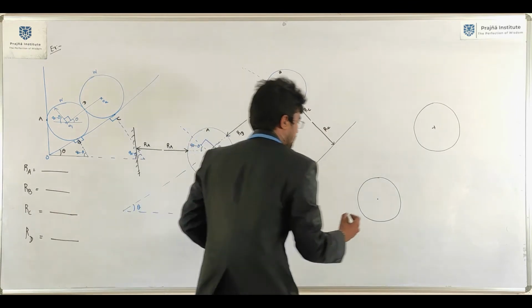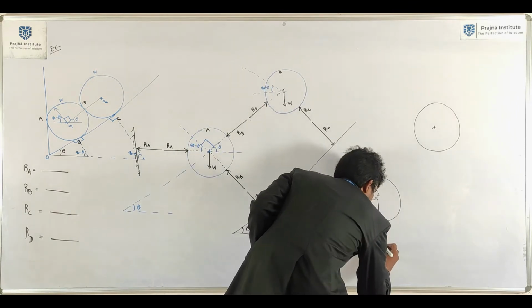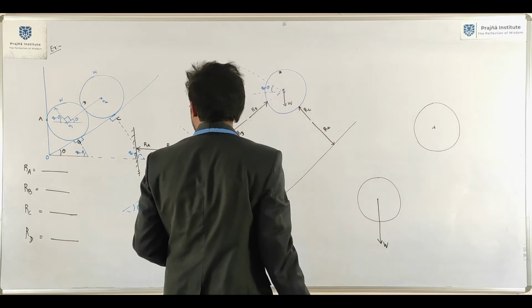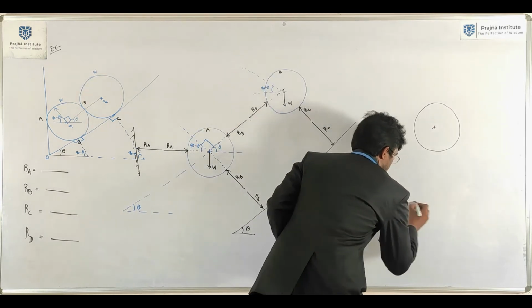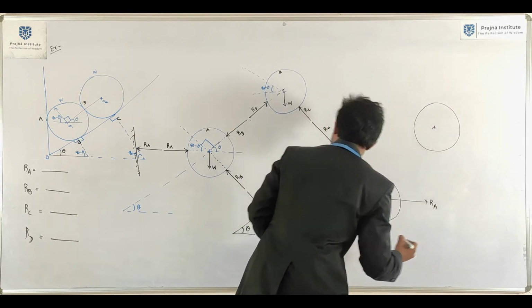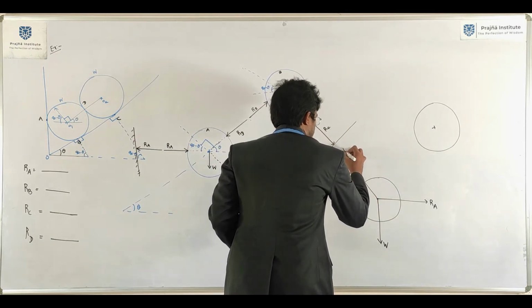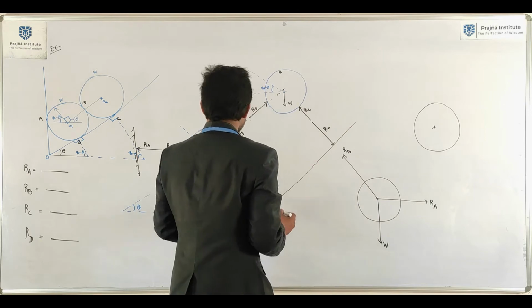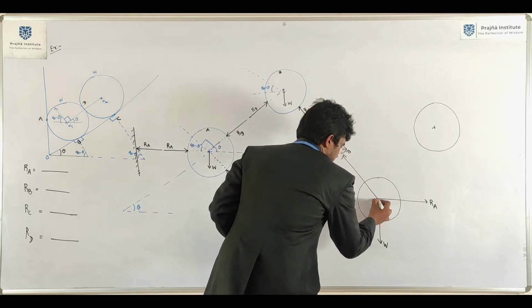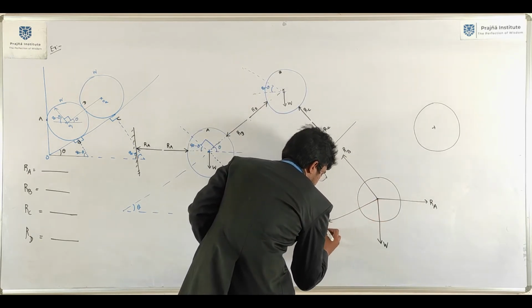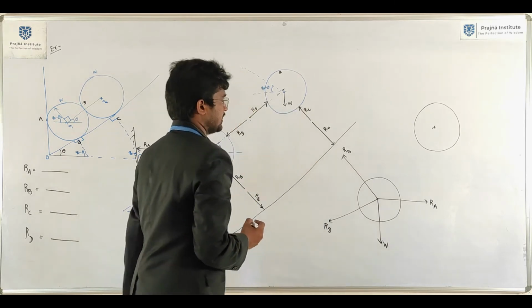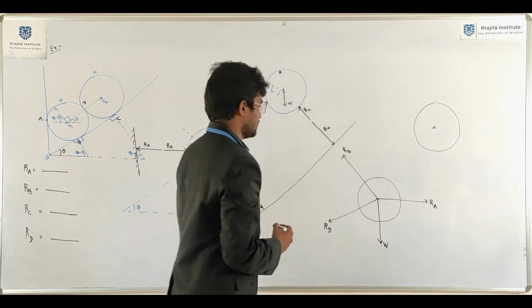Here what you will get, tell me? Weight always acts in the vertically downward direction. RA will be acting like this. RB will be acting like this. And RD is acting like this.